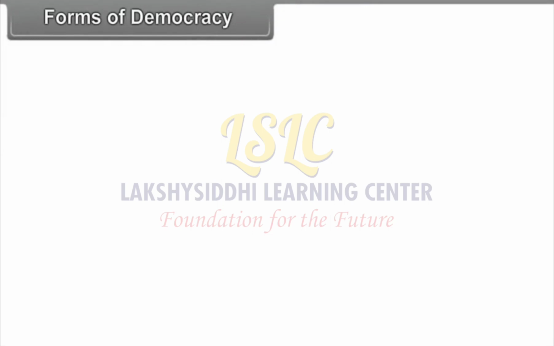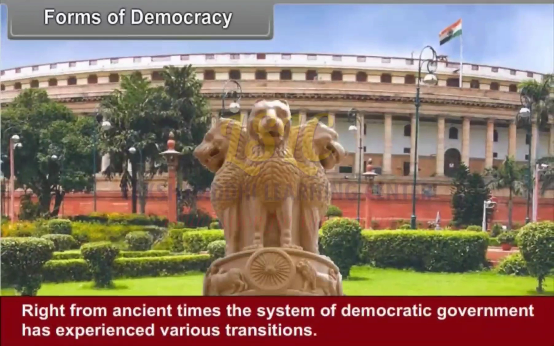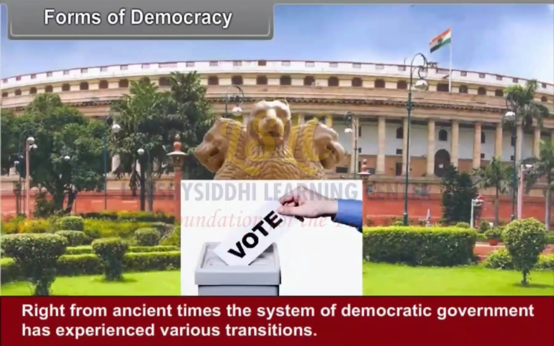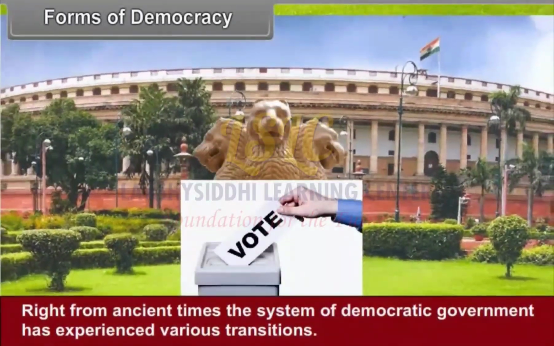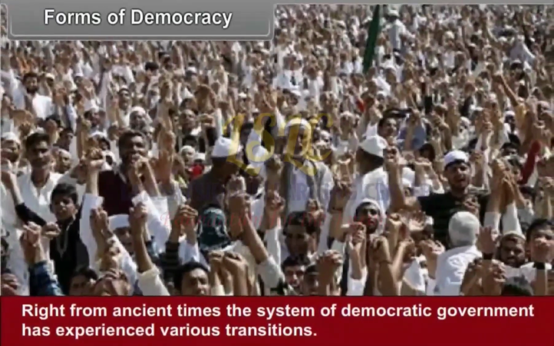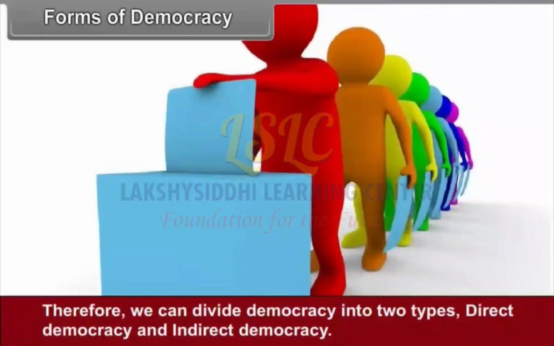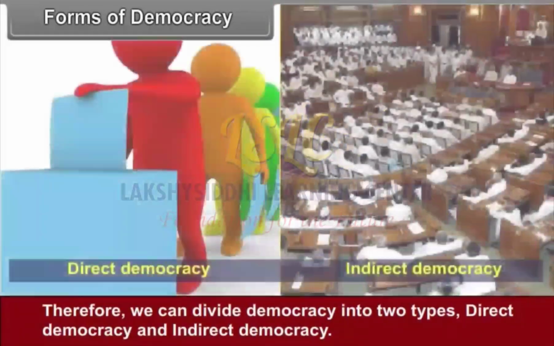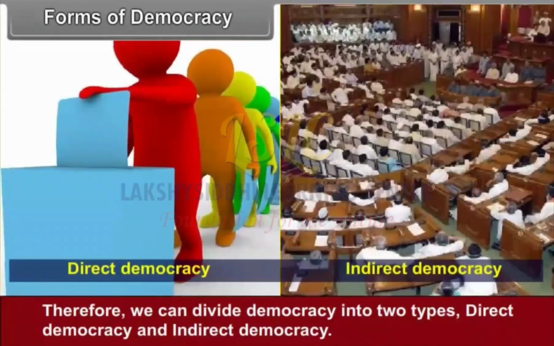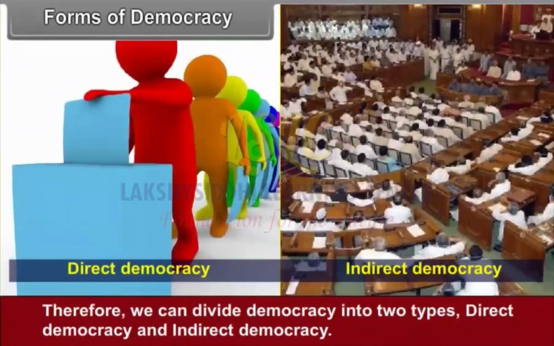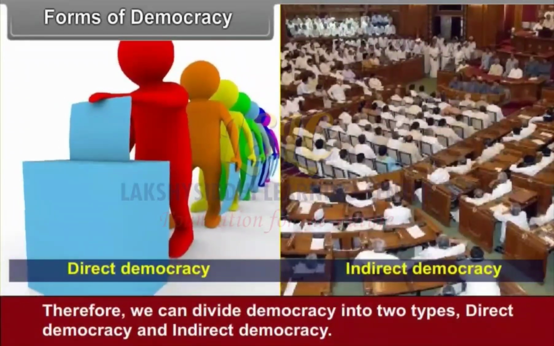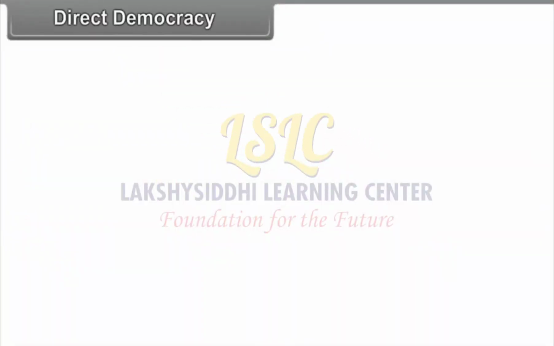Forms of democracy. Right from ancient times, the system of democratic government has experienced various transitions. Therefore, we can divide democracy into two types: direct democracy and indirect democracy. Direct democracy.